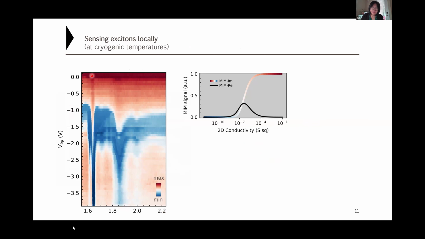And then the y-axis is the backgate voltage that we applied to this monolayer TMD to dope it. And then what we saw, in the color map, red means very conductive, and blue means very insulating. And in between, it means the conductivity is in between. So as you can see here from the response function, red means conductive.